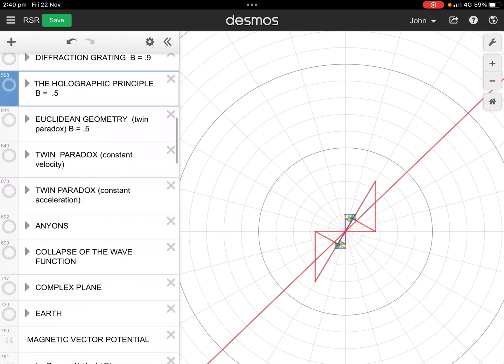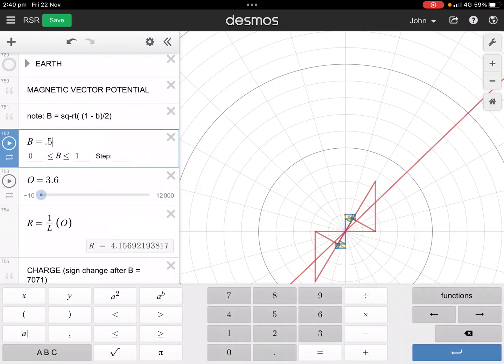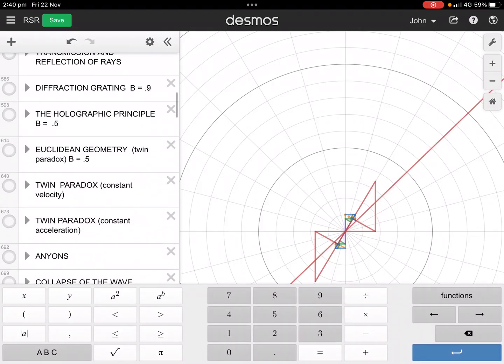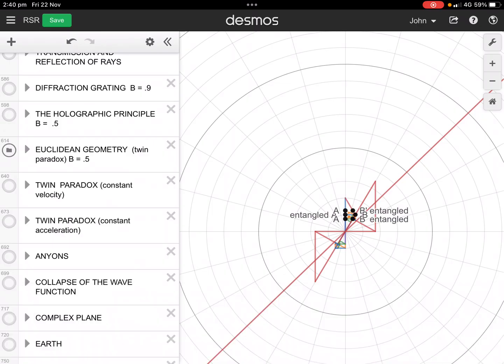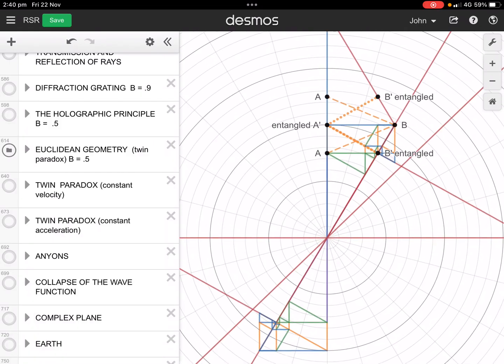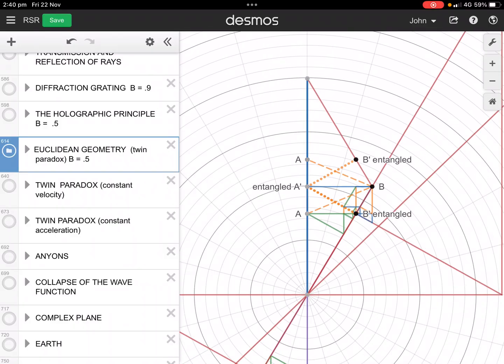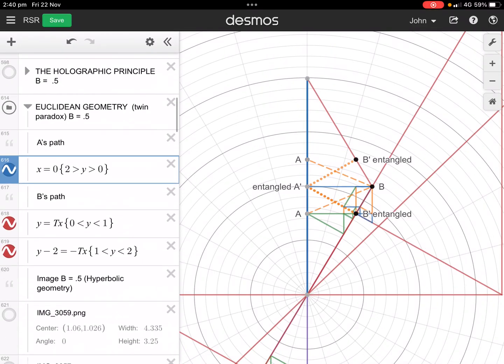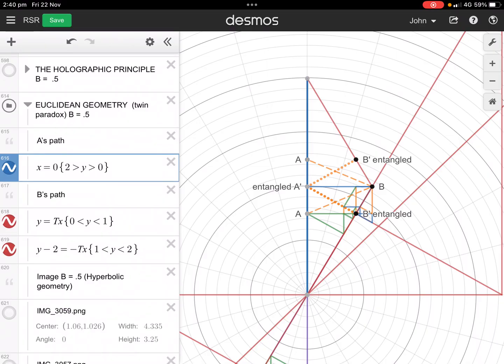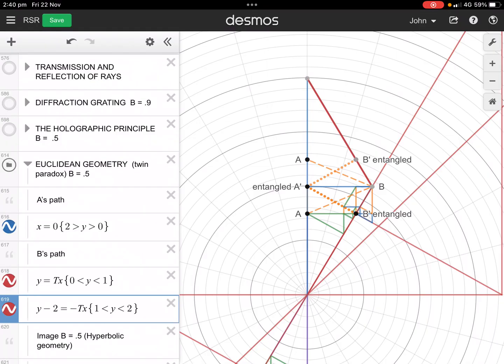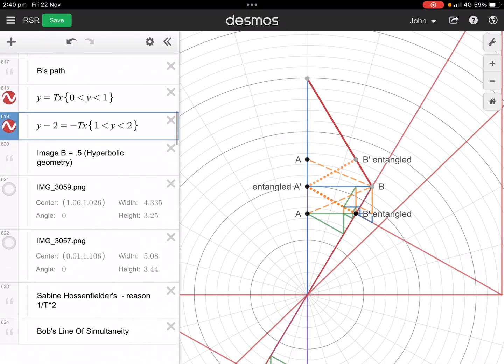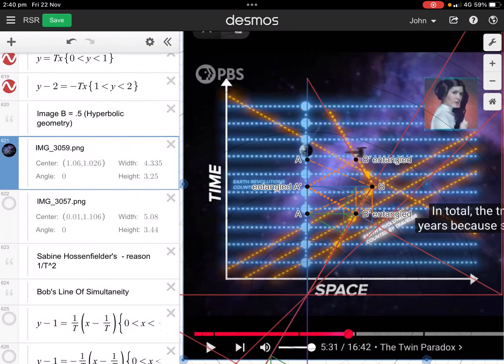And then I've got Euclidean geometry. Now that would be Alice's path, and that would be Bob's path, and that's the spacetime PBS. They show the thing.